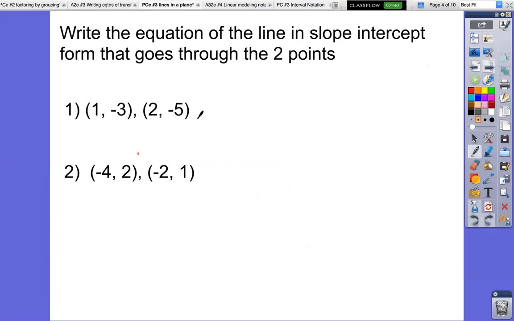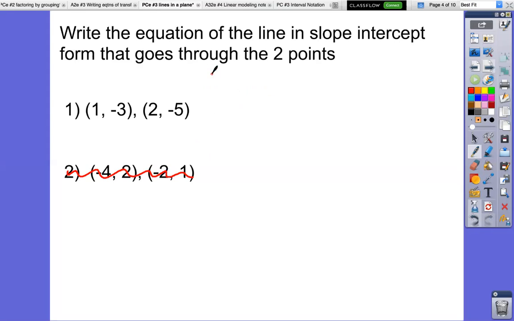Now, real simple, write the equation of the line in slope-intercept form that goes through the 2 points. We're only going to do one of these. Again, I'm going to go fast, so if you need me to slow down, it's on you to ask, but this is all really still Algebra 1 stuff.